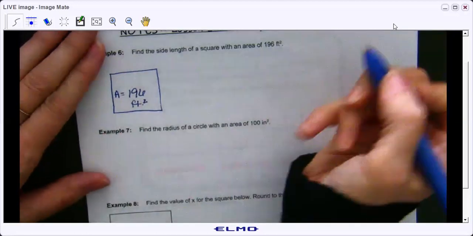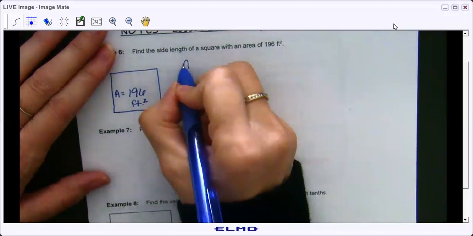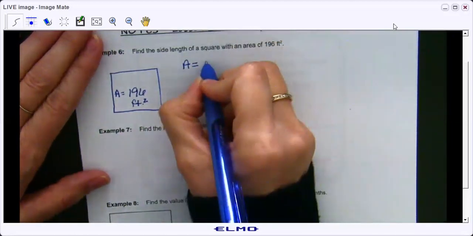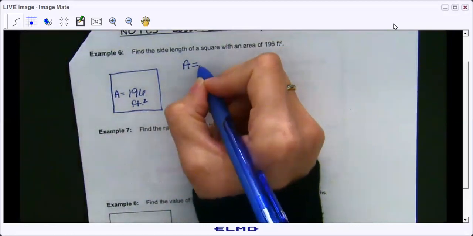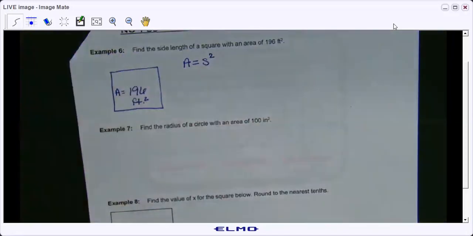And can somebody tell me what the formula is for the area of the square? Side times side. You could put s squared or you could put x squared. It doesn't matter. Okay. Now, we're going to take this formula and we're going to plug in what we know.